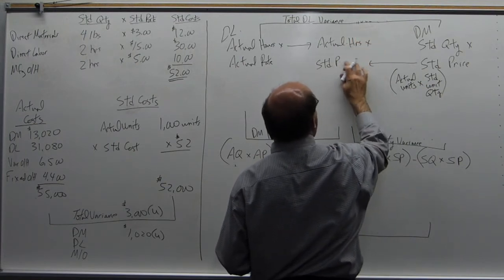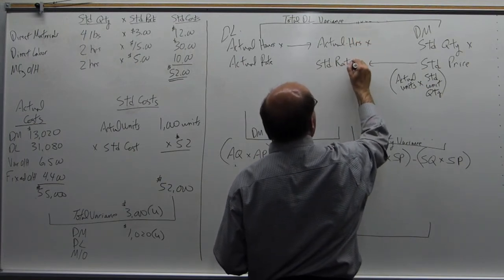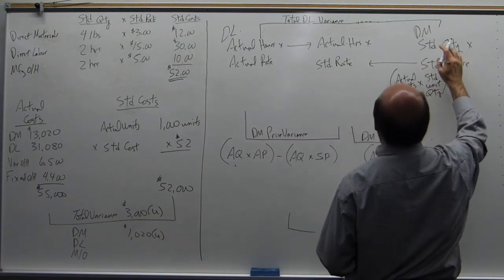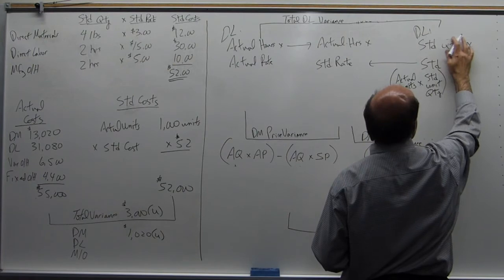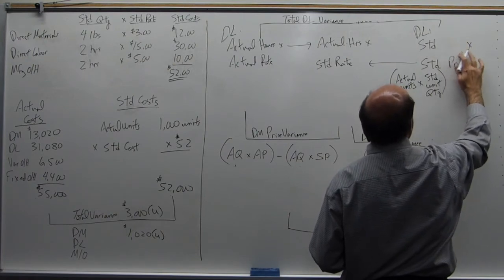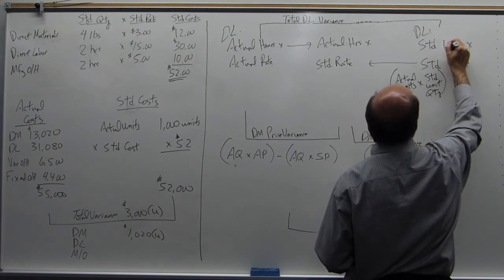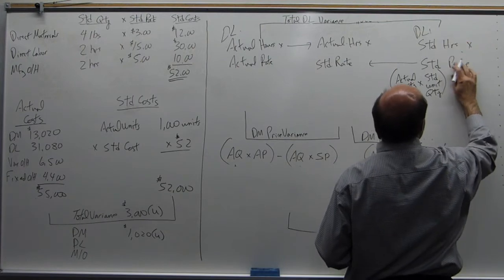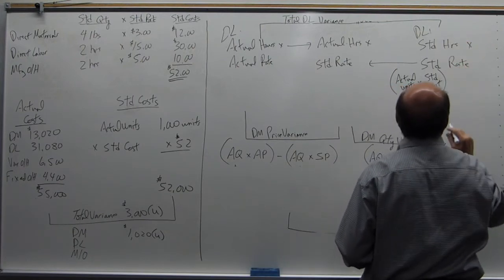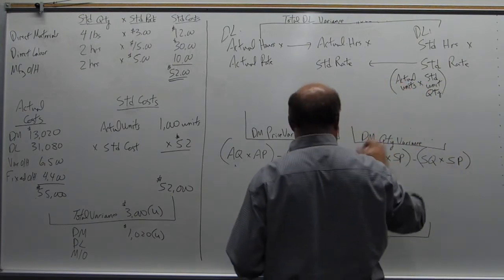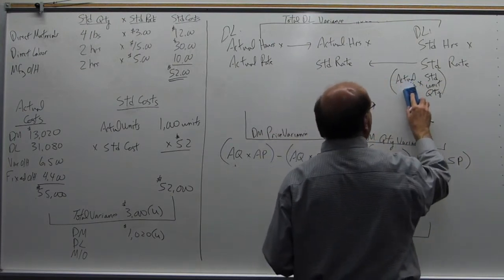This is going to be actual rate. So again, doesn't matter if you make these changes or not, you should get the same answer, but I just want to be consistent. Standard hours and standard rate. Okay? And this is going to be now actual hours.